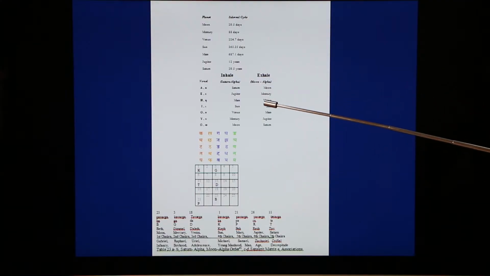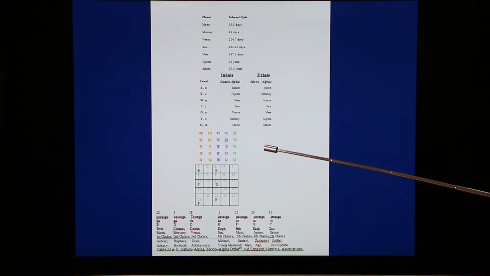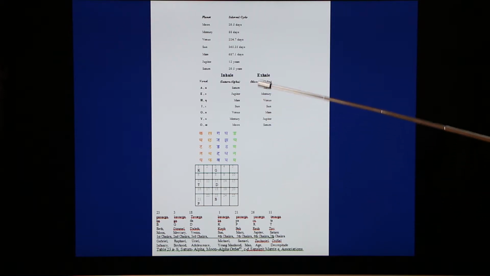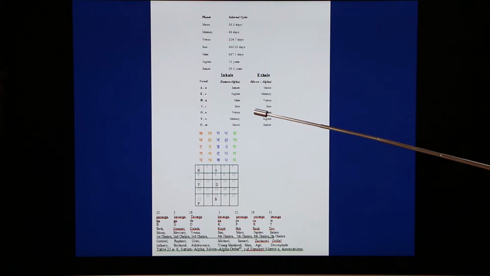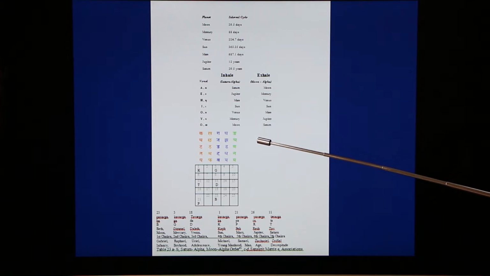And so I can take the 7 planets and I can put them in the order from the furthest to the nearest. So Saturn, Jupiter, Mars, Sun, Venus, Mercury, Moon.